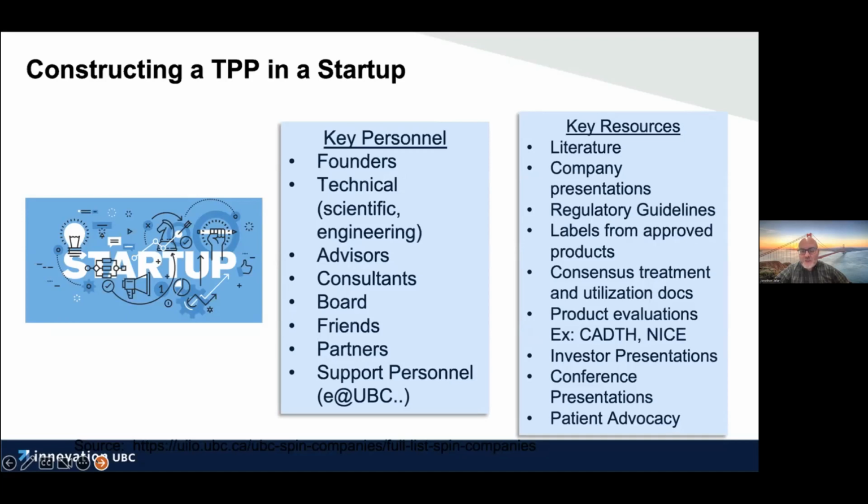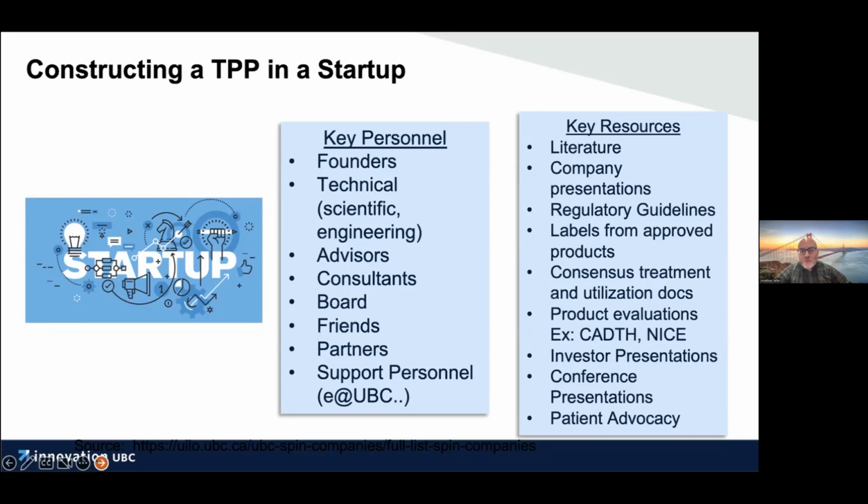And so there's different things such as the FDA guidance for industry that'll tell you what you need to demonstrate, both on the preclinical and clinical side of things. Labels from approved products. I will also say that it's important to look at the approval documents for approved products, consensus treatment and utilization documents. So real world evidence, et cetera.